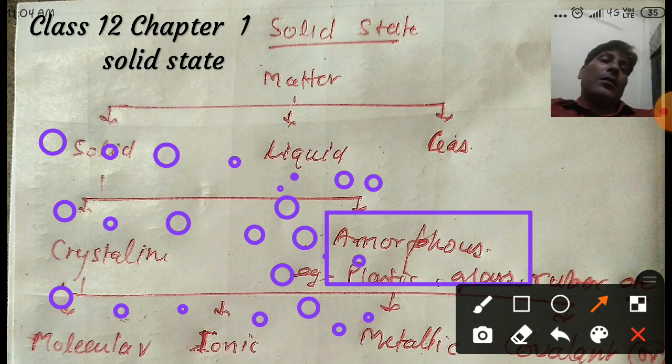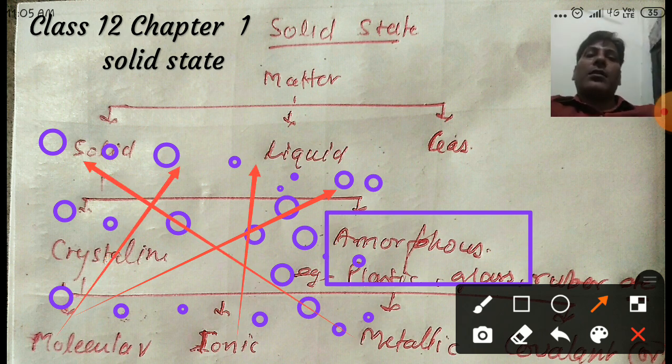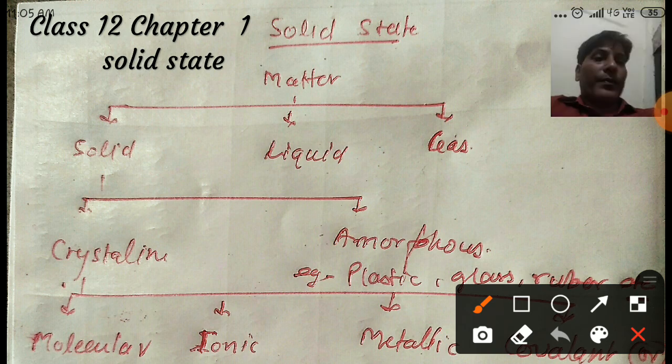If we talk about the property of isotropy, it means the passing of light through the solid is the same, because it has restriction in every direction in the same amount. Sure, this is isotropic. Examples of this solid are plastic, glass, rubber, etc.